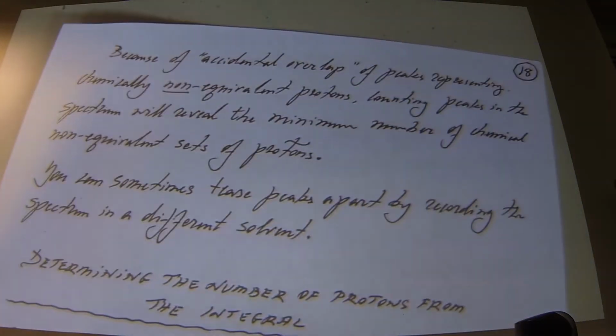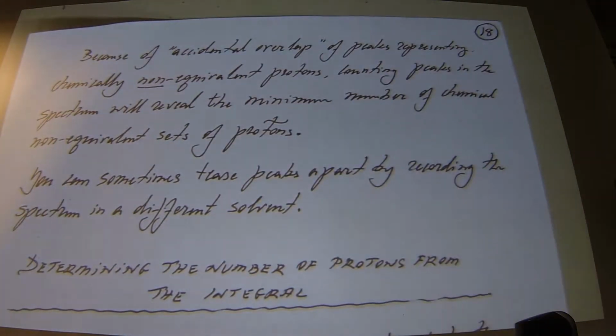Okay, now there's also a problem, as I said, of accidental overlap, right? I mean, peaks that are stereochemically non-equivalent may, the non-equivalence may be tiny, you don't see it. It can happen. But what you need to remember is that yes, it can happen. Now, another thing is when you have accidental overlap of peaks, so one peak just accidentally has the same shift that another one has.